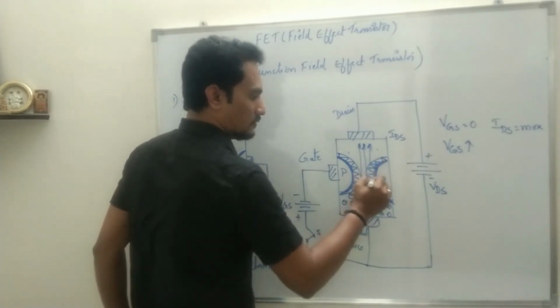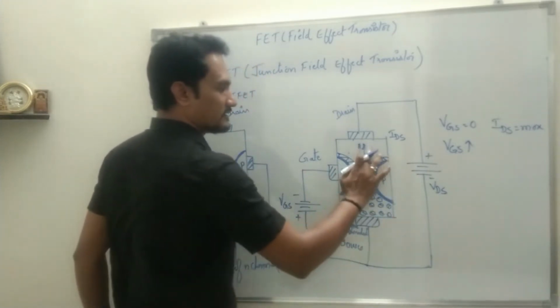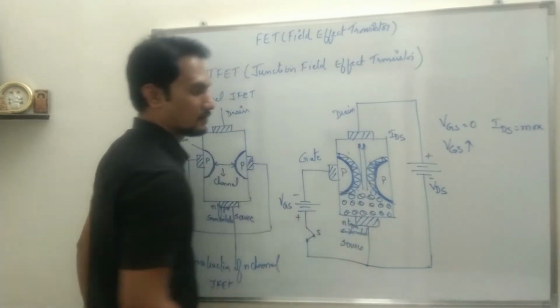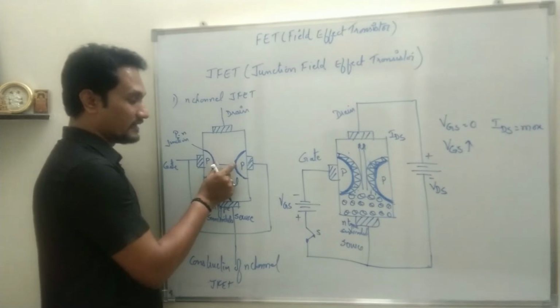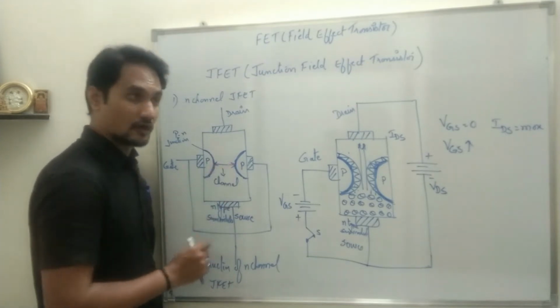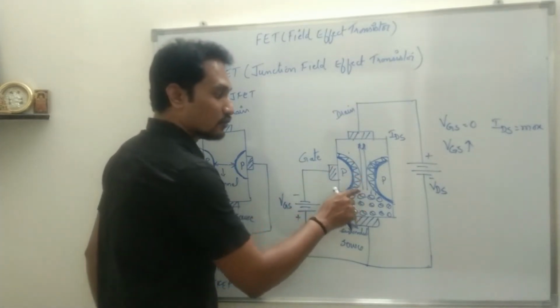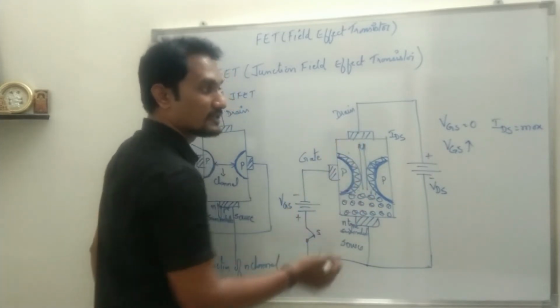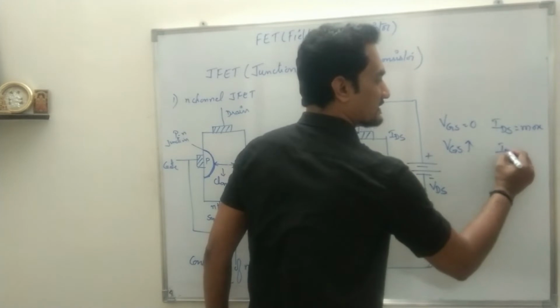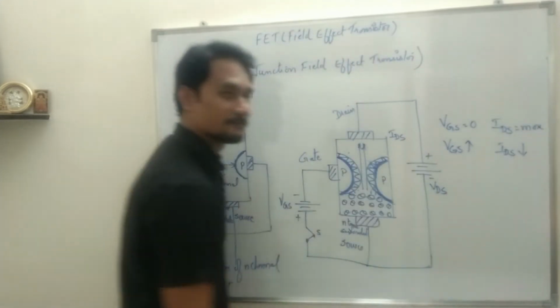Now what happens as soon as the depletion layer width increases? What you can see is, as the depletion layer increases, the channel width will decrease, and if the channel width decreases, then less amount of electrons will move between source and drain. That means IDS will decrease.